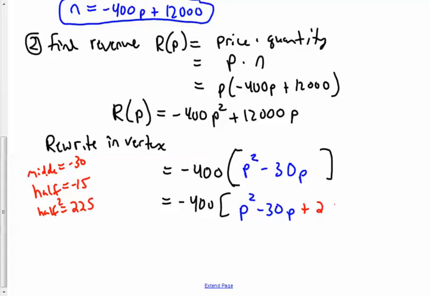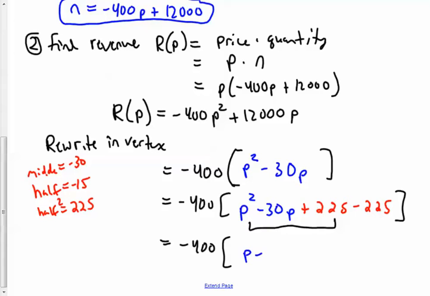So I want to add and subtract 225 on the inside of those brackets to make it into a perfect square. Well, this part here, that's going to be a perfect square. So rewriting it, negative 400 times my p squared minus 30p plus 225 factors into p minus 15 quantity squared. And I have a minus 225 left over from that.